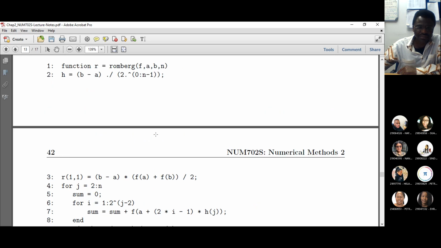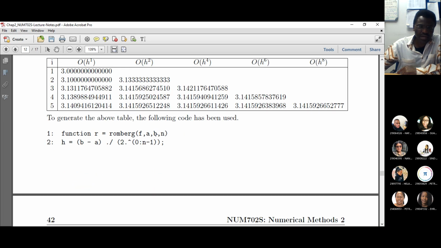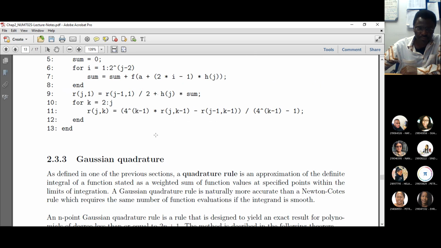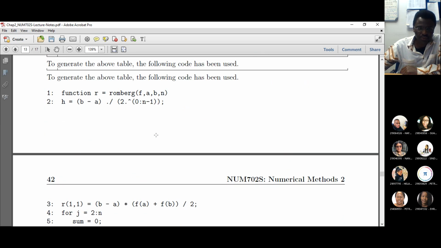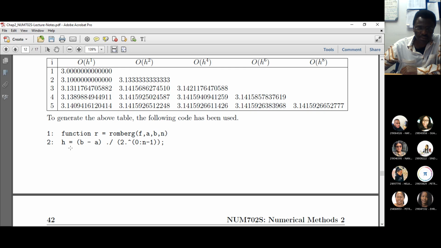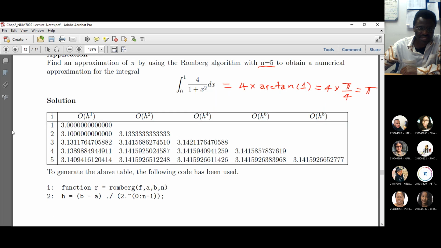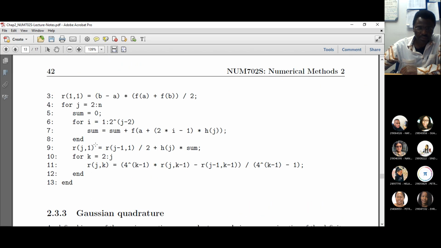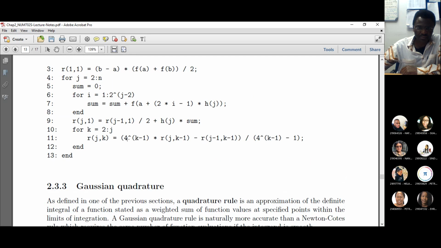This is a MATLAB code. Take this code, write it down, run it, and make sure that you get exactly this value. It will help you to understand the procedure. Write it, try to understand what it's doing.